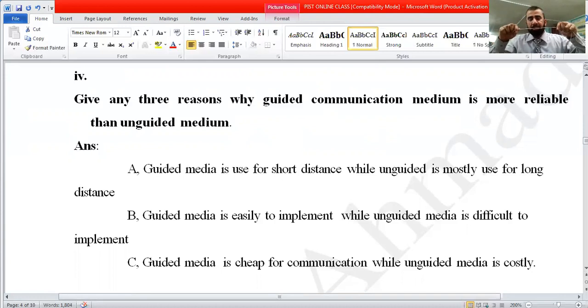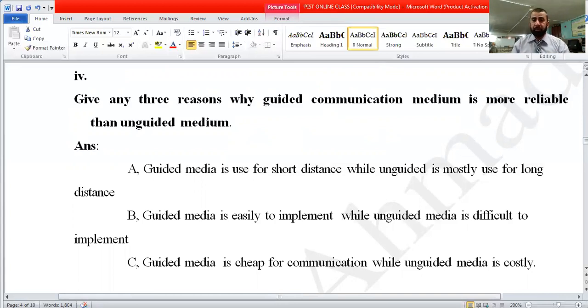Let's say in a computer network, one computer is connected with another with the help of a cable; this is called guided media. And unguided media is when you are using Wi-Fi. There is no physical connection between the two devices, but a logical connection exists. This is called unguided media.